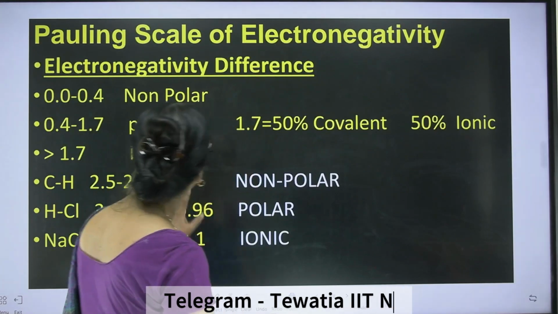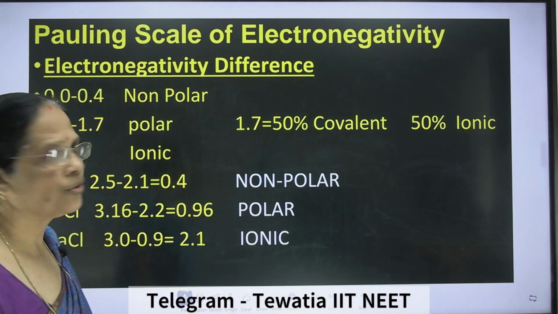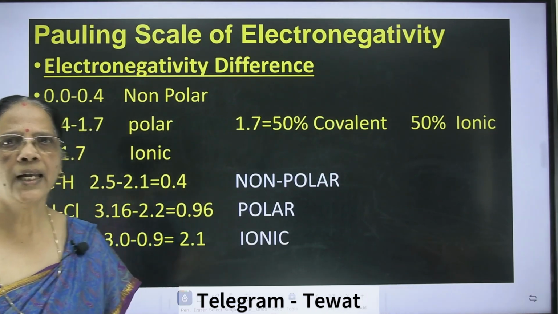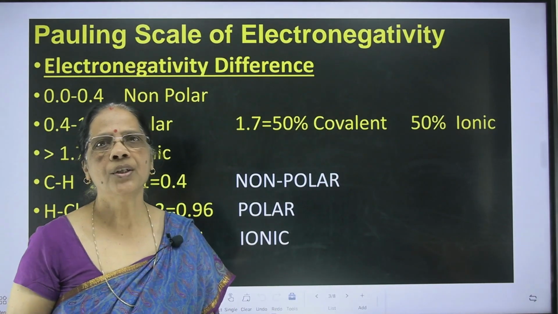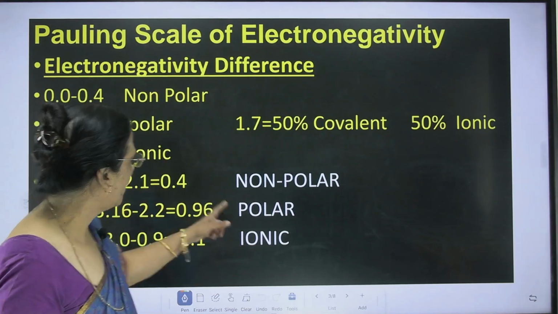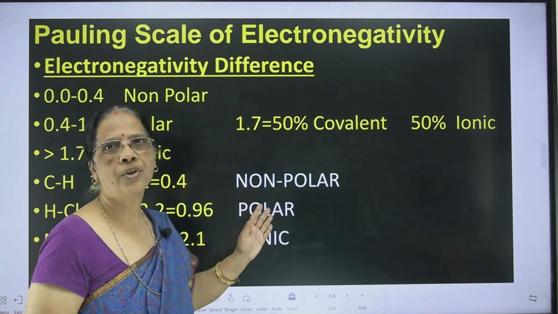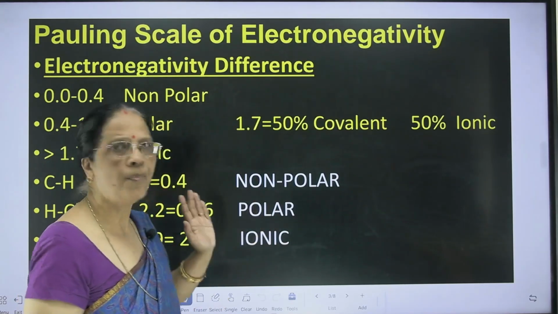Here you see, this is called the Pauling scale of electronegativity, and this scale will tell you which bond is polar, which bond is non-polar, and which bond is ionic. So this is a rough scale by means of which we can know the nature of the bond, okay.